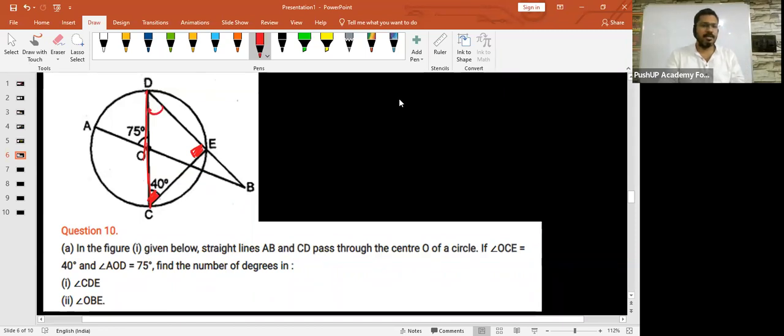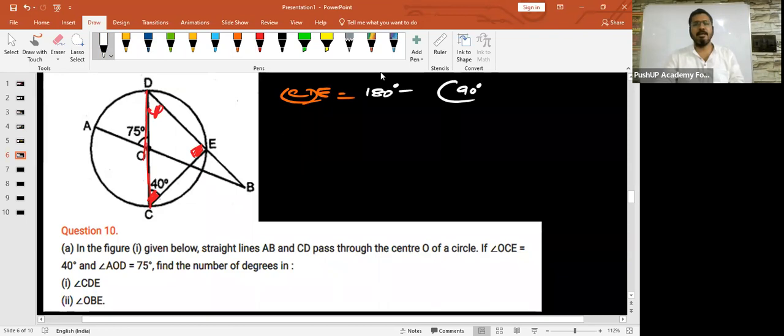So I think very easily you could find how much is angle CDE. Right? Angle CDE would be equal to 180 degrees minus 90 plus 40 degrees. That gives you 180 degrees minus 130, the difference is equal to 50 degrees.